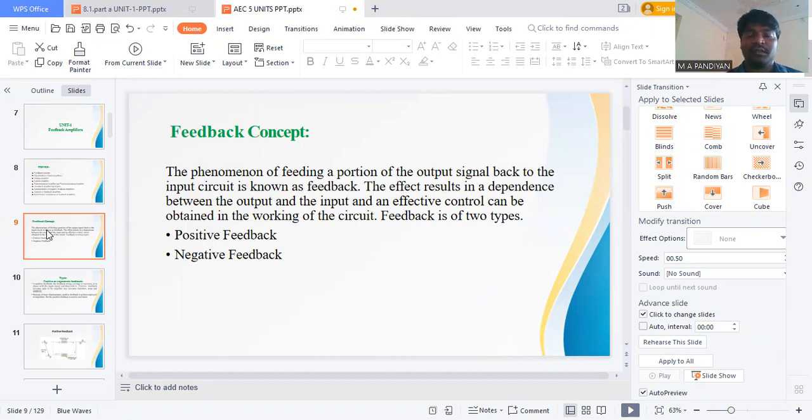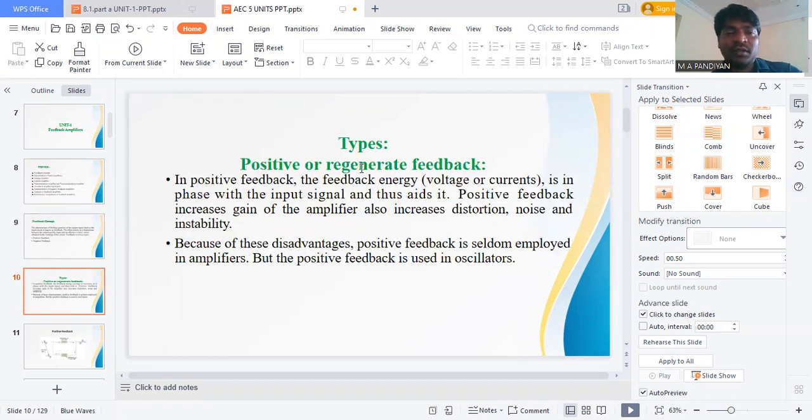The next topic is types of feedback. The first one is positive feedback, another name for which is regenerative feedback. In positive feedback, the feedback voltage and current are in phase with the input signal and thus aid it.